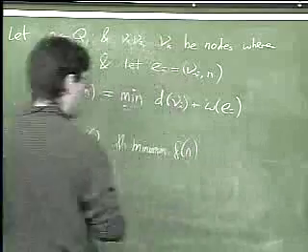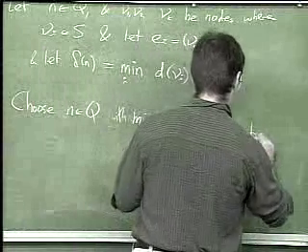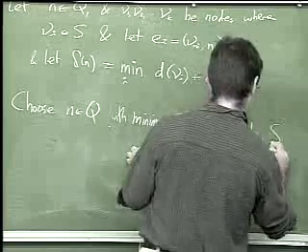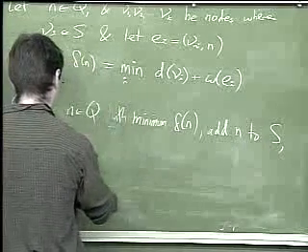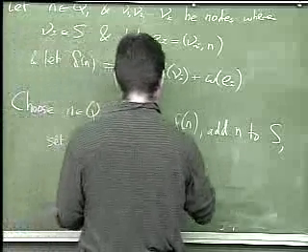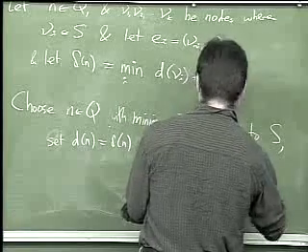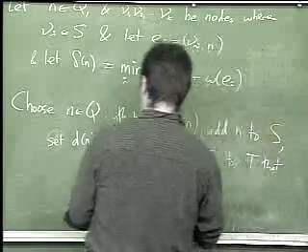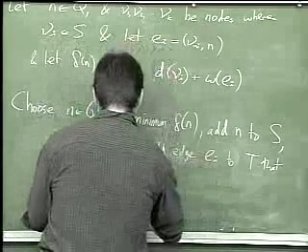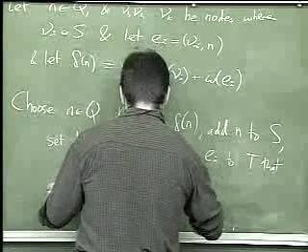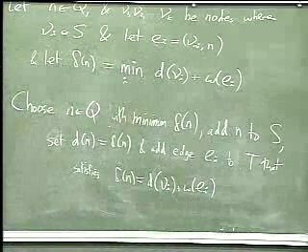We're going to choose the N with the minimum delta N, add N to S, set D of N equal to delta of N, and add edge EI to T that satisfies this, and repeat.